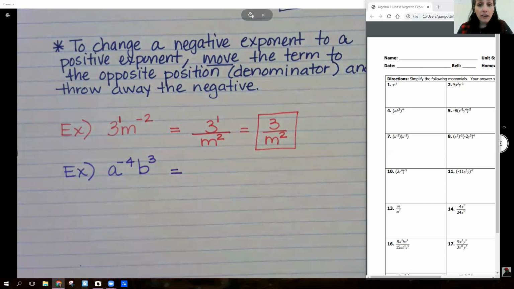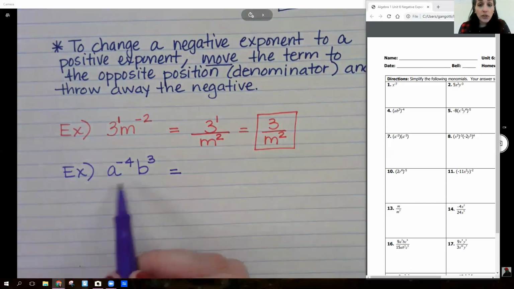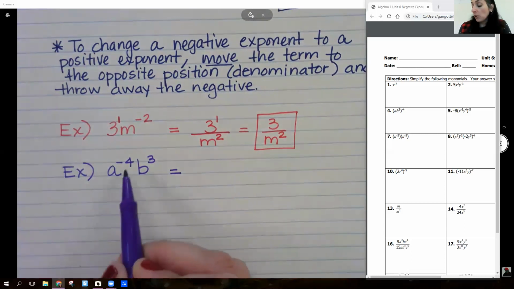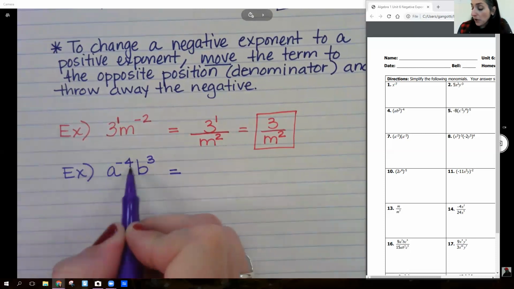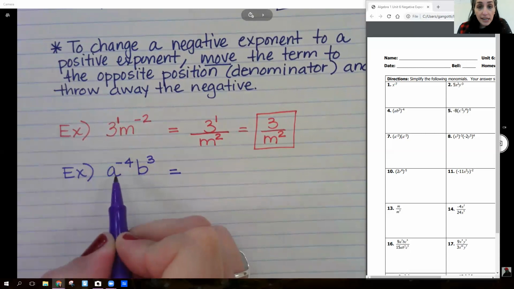You can only add those exponents if you have the same base, and we don't have the same base. We can't multiply them because this is not power raised to a power, so we're not doing that. The only thing we have to do is just rewrite this so that it doesn't have a negative exponent. So the a to the -4th, that's the one that we need to take care of.